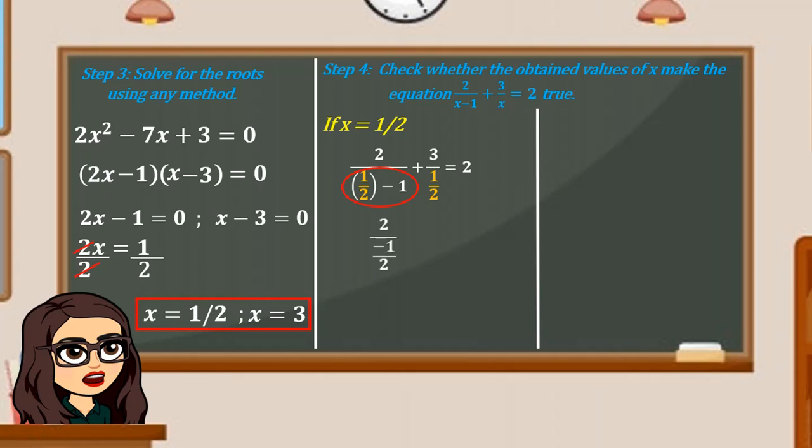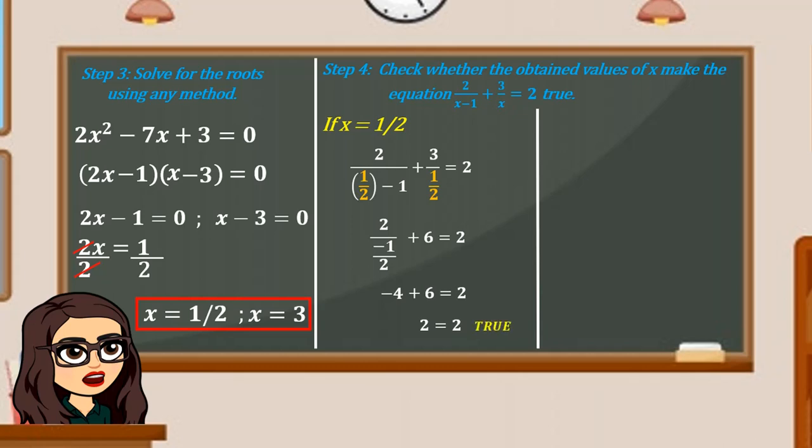So we have 2 over negative 1/2. And for 3 over 1/2, the answer is positive 6. So for 2 over negative 1/2, we have negative 4. Then bring down plus 6 equals 2. So negative 4 plus 6 is 2, and 2 is equal to 2.